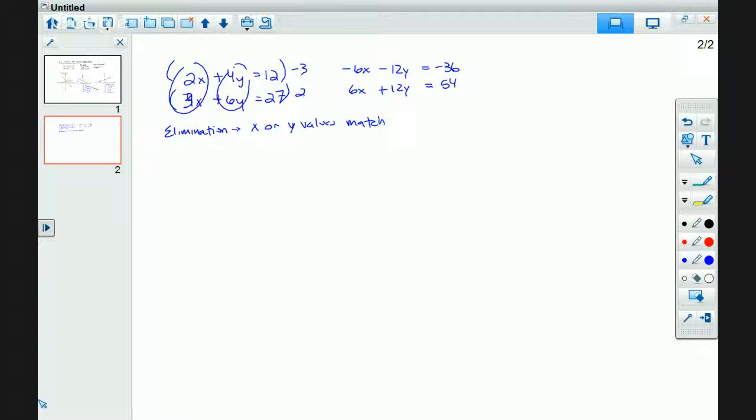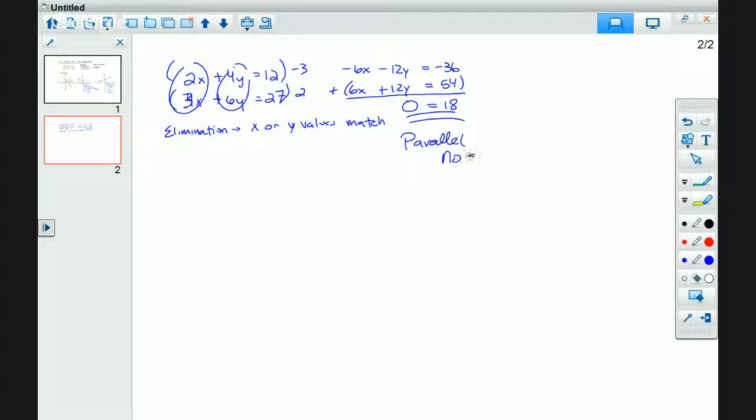By math, right? Yeah. Add or subtract? Because those are opposite signs, we need to add them. So that gives us 0. So that's 0, right? And that's 0. What's that? 18. See how they don't match? Those lines are parallel.